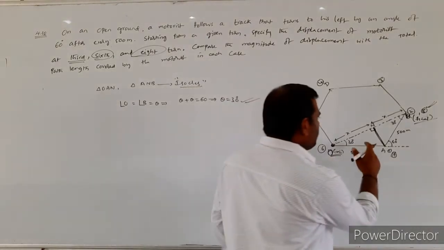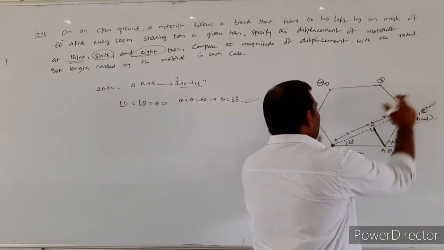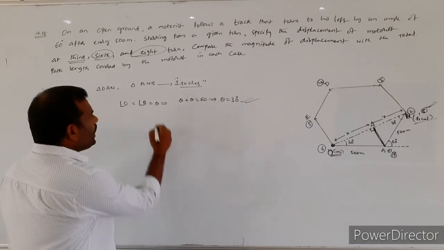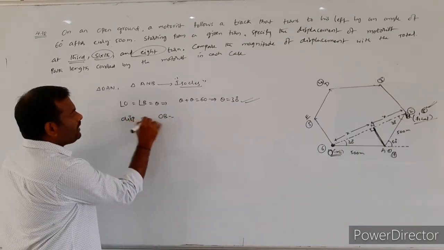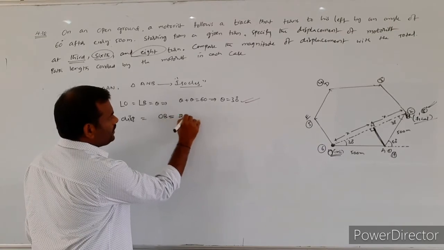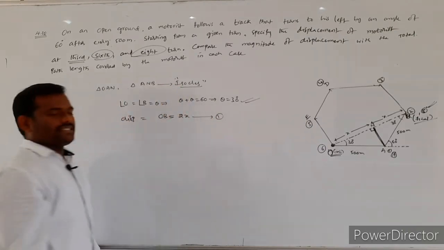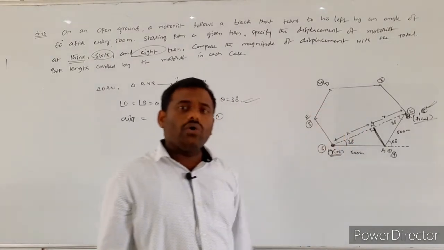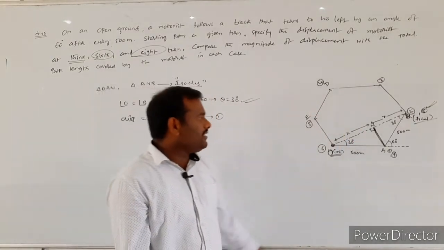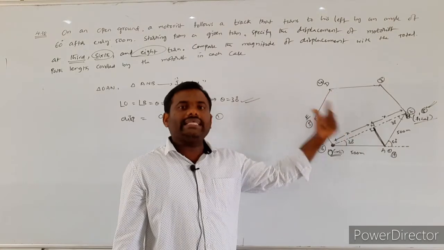When you draw the normal, the total length OB, or displacement OB, is equal to twice x. So to calculate the displacement value, I want to calculate the x value.